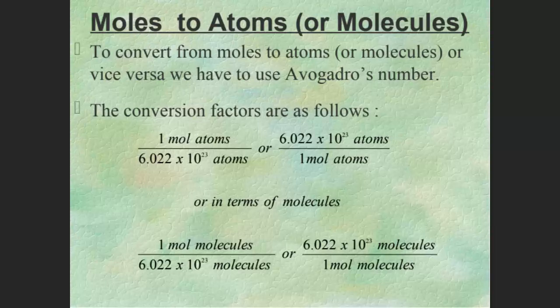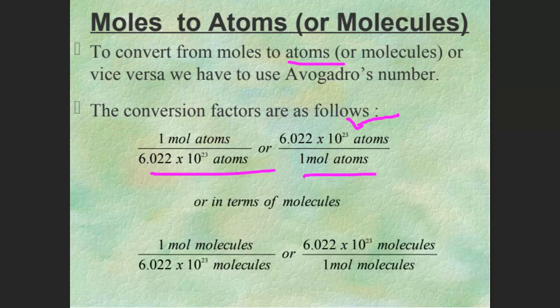So if this is mole to atoms, we will be doing it like that, and if we need to calculate the atoms, we will just do it upside down. Whatever the unit we need to calculate, we have to write it on the top per 1 mole.